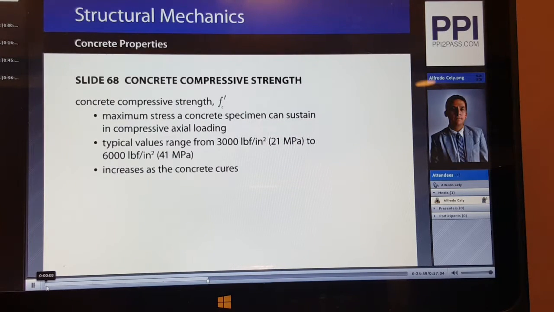In construction, that is the strength the concrete needs to meet before I can put any additional loads on it, and I can move to my next construction task.